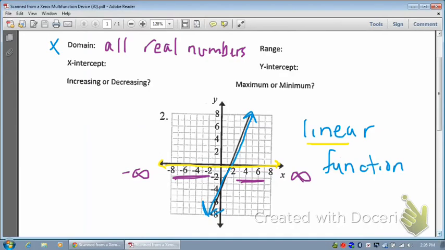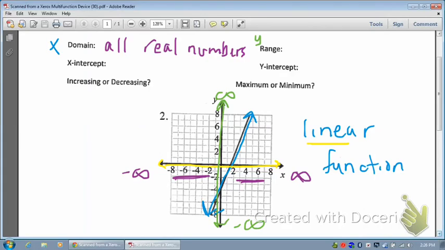Let's move to our range. Now your range is talking about what, guys? Your range is talking about your y values. So I'm going to make that green, and put y right up here. Let's look at this again. I have arrows. My graph isn't stopping anywhere, so that means my graph is going to continue to move on from negative infinity, which is right here, to positive infinity.